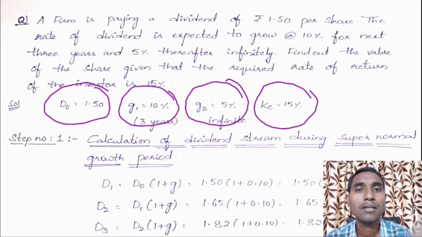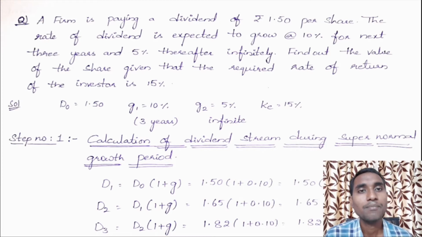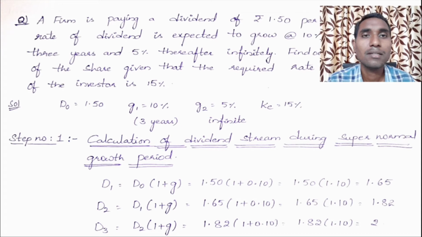These are the necessary information supplied to us. When you are using the multiple growth rate model, you need to do the problem using a series of sequential steps. Now what are these steps? These steps remain the same for all multiple growth rate models.